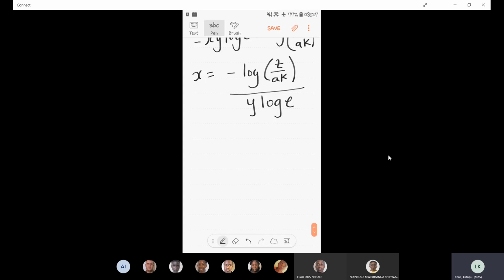Number 27, I sub t is equal to EMF sub t over... But ma'am, the last equation that you saw, why did you make x equal to negative log open bracket z over ak?